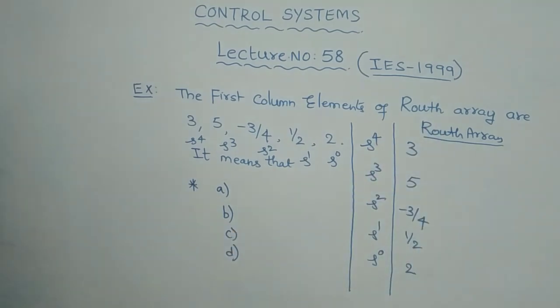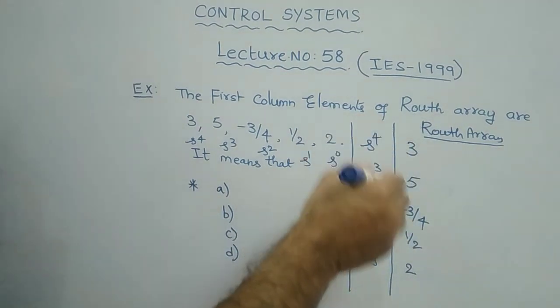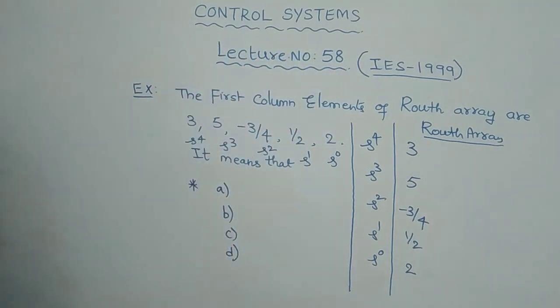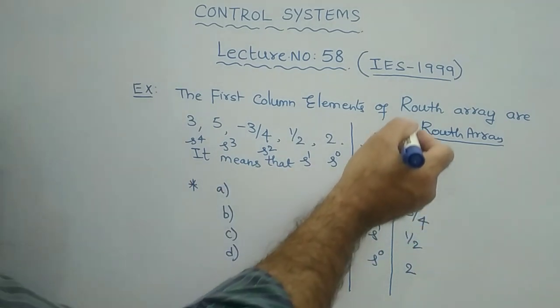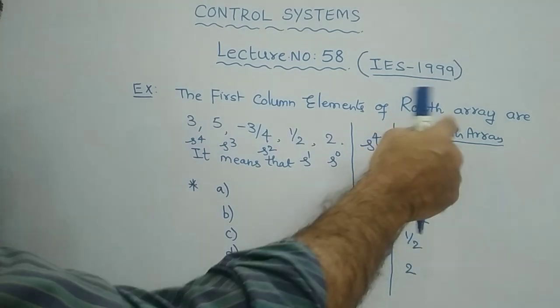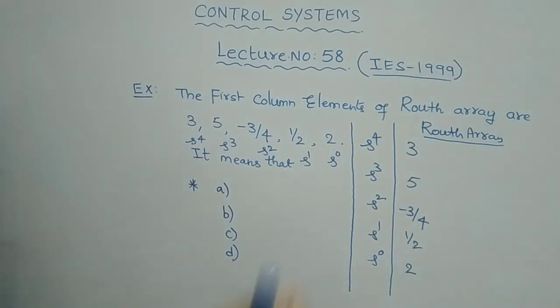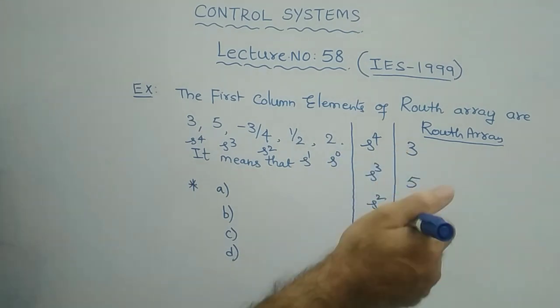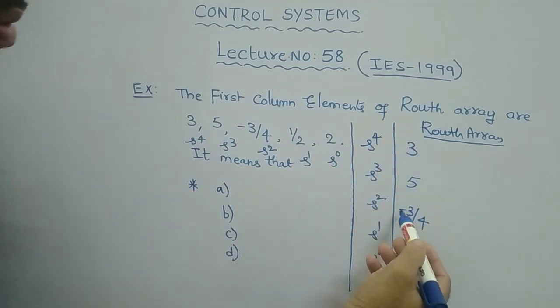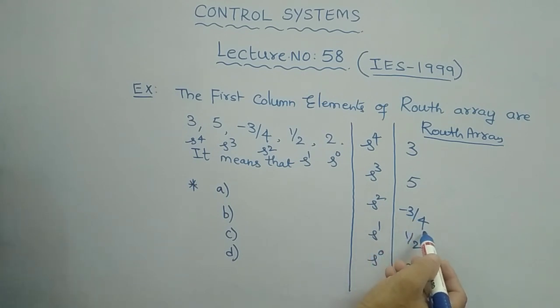So what does it indicate? What are the conditions required in order to comment on the stability of the given system? The first and foremost condition is that all the elements of this first column in the Routh array must be positive, meaning greater than 0. That is the first condition, right? Here, if you see, there is one negative value, minus 3 by 4.